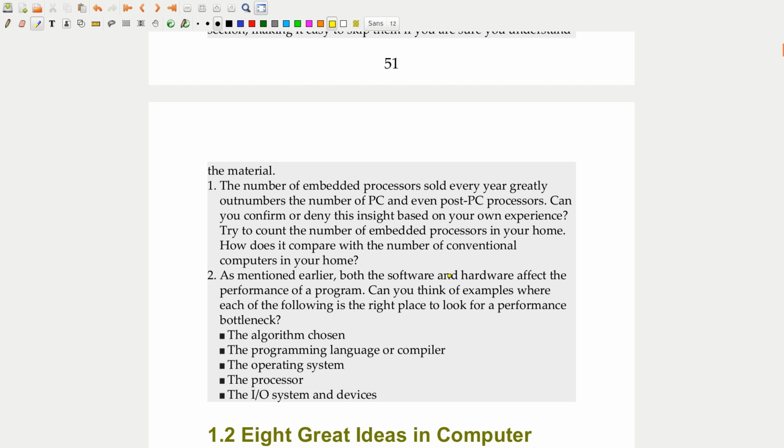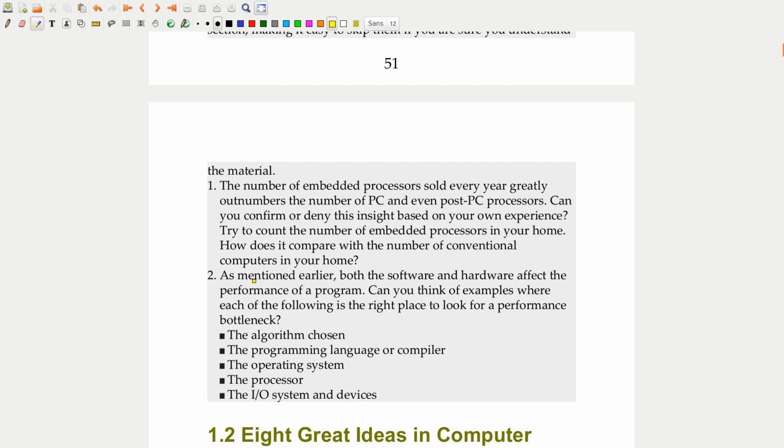But in some sense it's true. And we actually have some data in this chapter that proves it, right? That's an interesting point that's being made here. How does it compare? Let's see. Try to count the number of embedded processors in your home. Listen, like all good research papers, I leave this as an exercise to the audience.